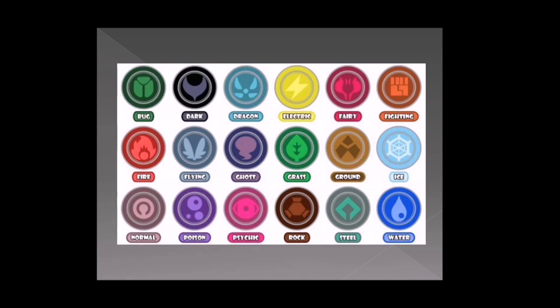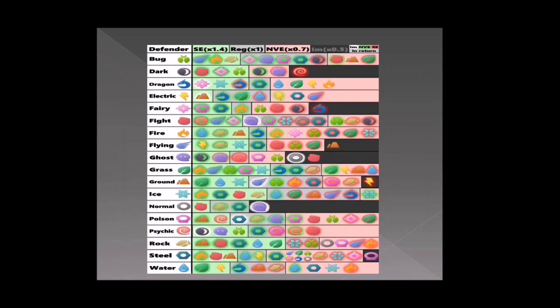So we can move to the next part, the 18 elemental types with their respective effectiveness, resistances, and immunities. As you can see, it is not that complicated, but when you see it for the first time, it might be overwhelming.